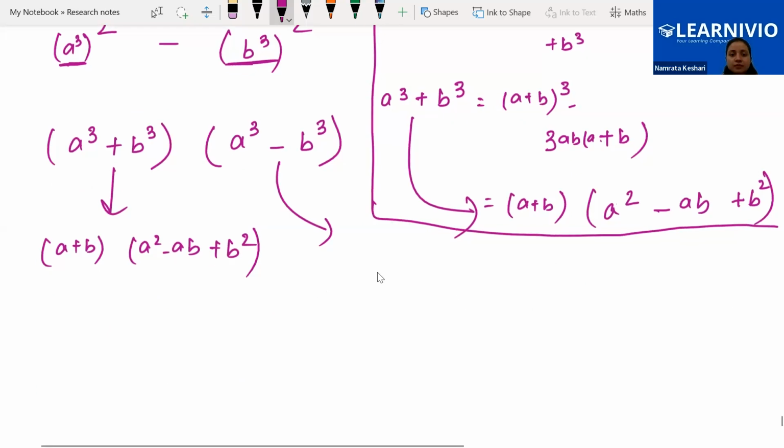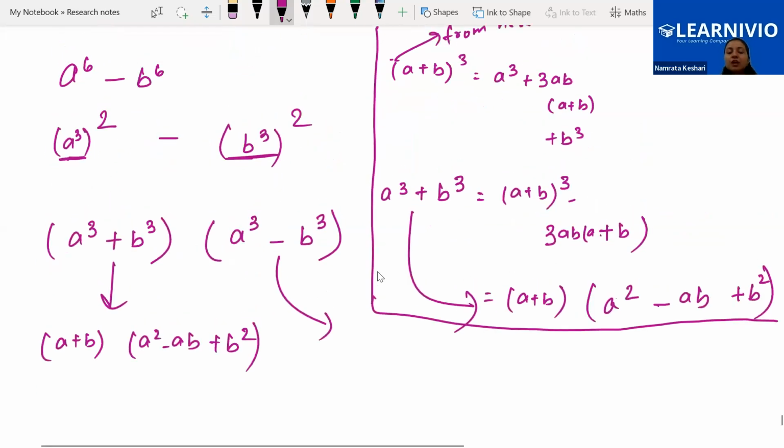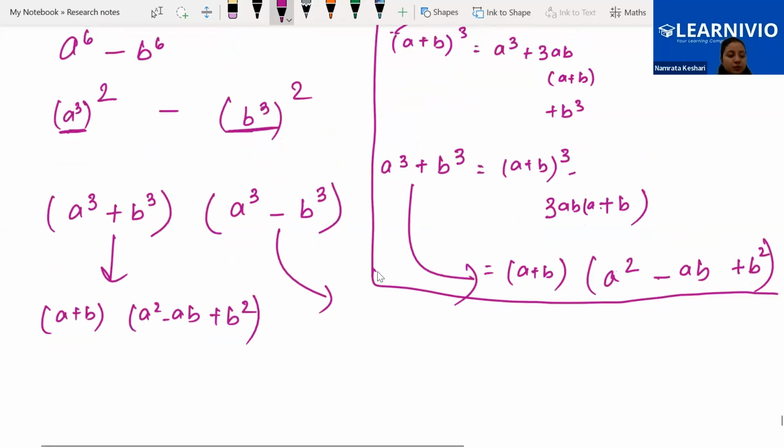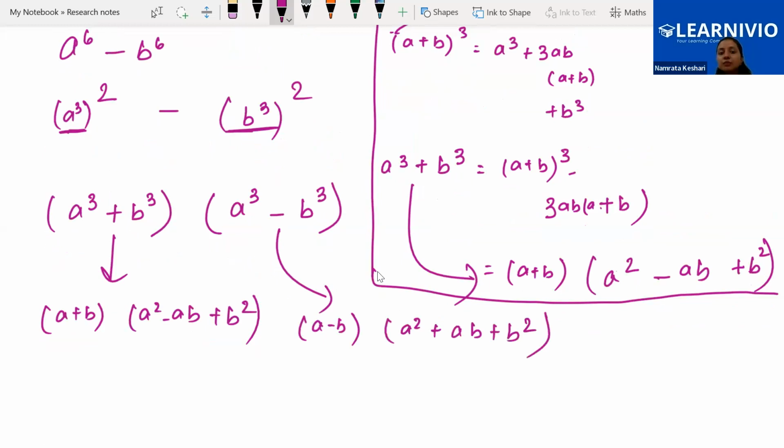Ma'am, can you just repeat? What is the formula for a cube minus b cube? A minus b multiplied with a square plus ab plus b square. Perfect. And this is the factorized form.